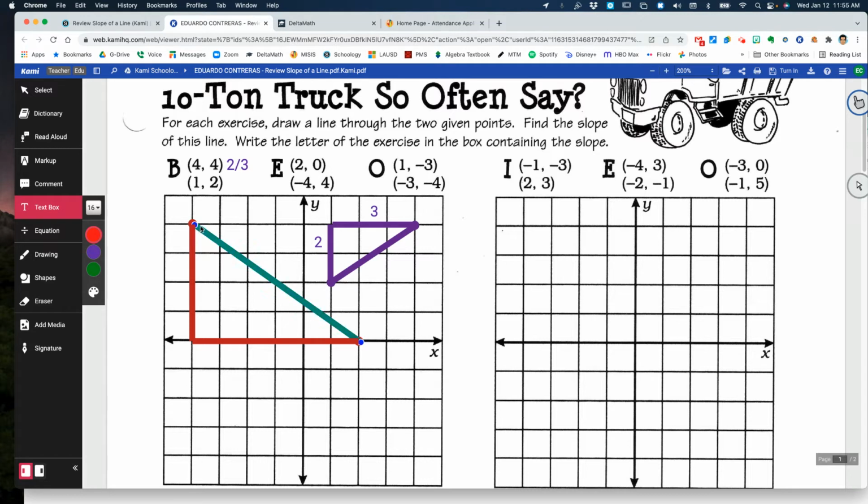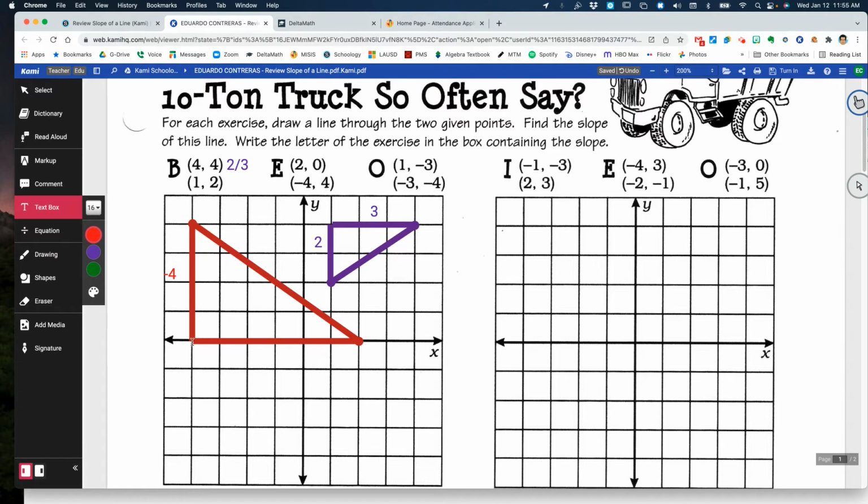And then I'm going to go to the top of this, the point furthest to the left. The rise is down. It's going downwards. So that's a negative rise. So it's 1, 2, 3, 4, but it's down. So -4. So over here, I'm just going to type in -4. The rise is -4 because I'm going downwards.